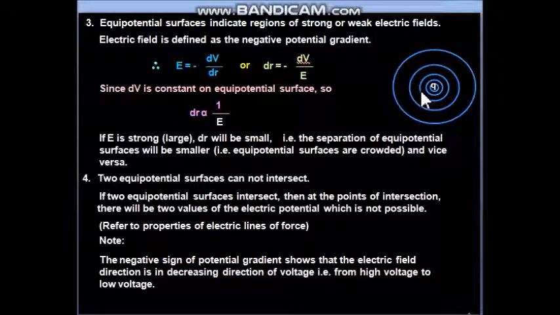So electric field direction will always be from high voltage to low voltage, that means outwards. So the significance of this minus sign is this line: electric field direction is in the decreasing direction of voltage, that means from high to low, not from low to high. Okay, so we have listed till now four properties of equipotential surface.